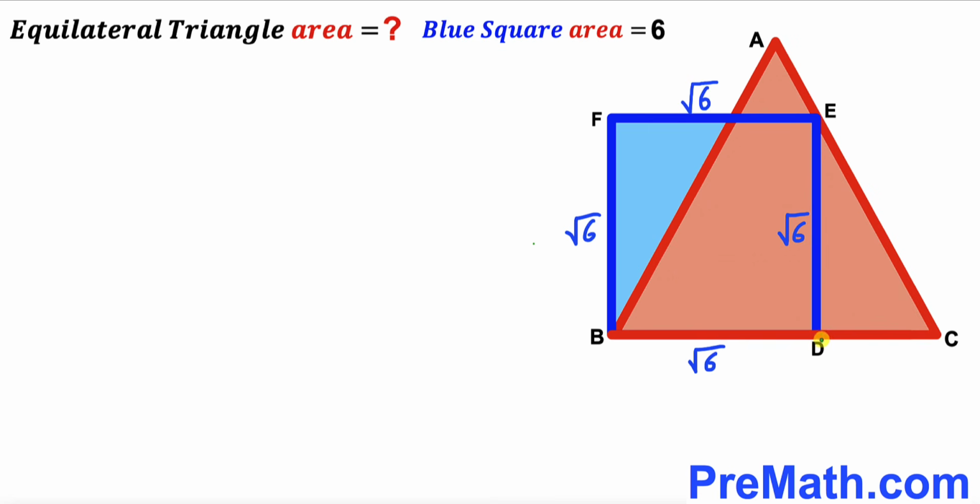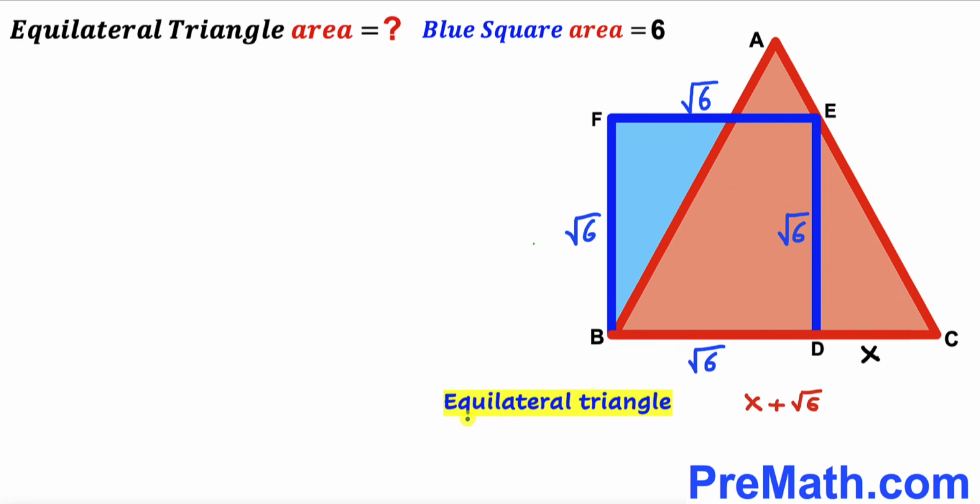If I label this segment CD as X, then the whole side length of this equilateral triangle is going to be X plus the square root of 6. So now our task is to find the value of X.